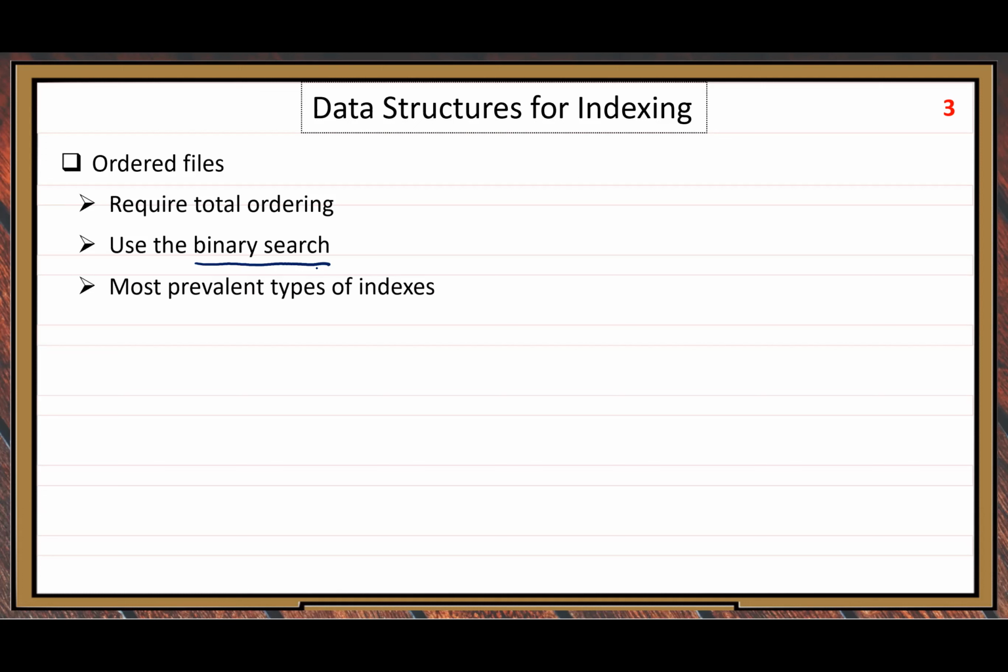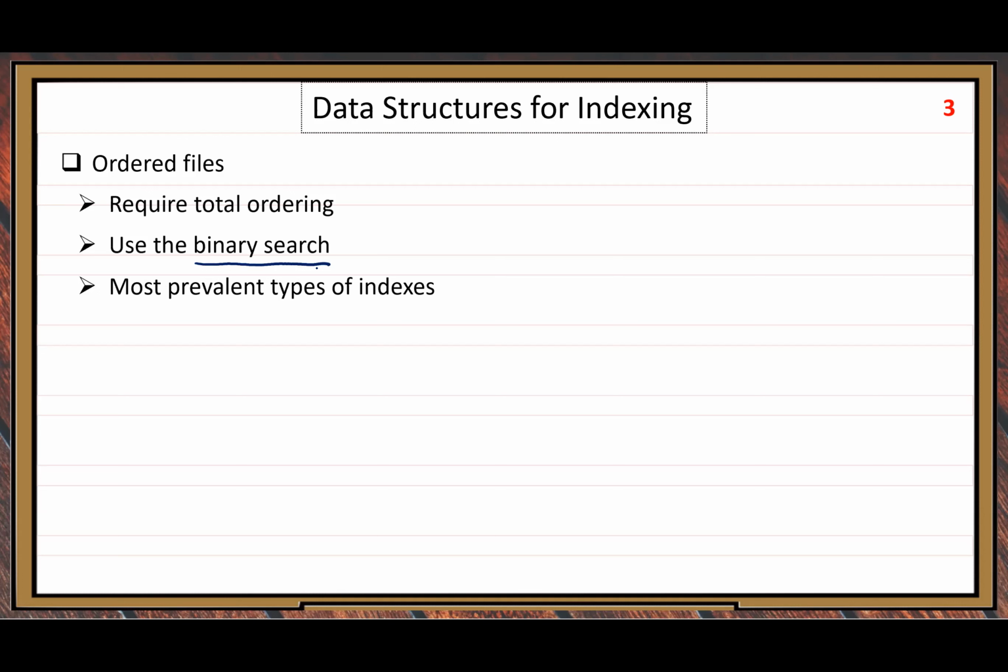Most prevalent types of indexes. This kind of total ordering, binary search based index is the most prevalent type.